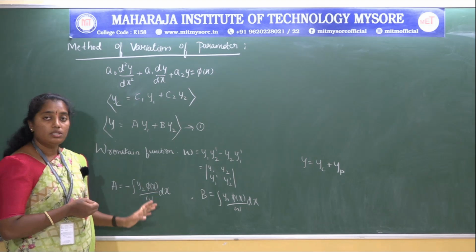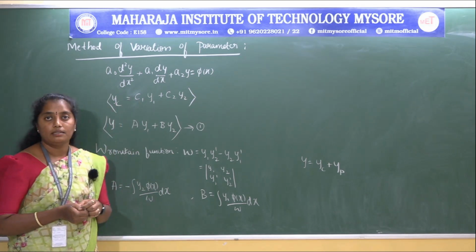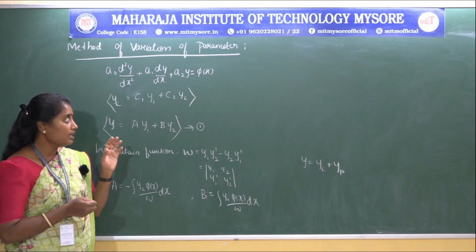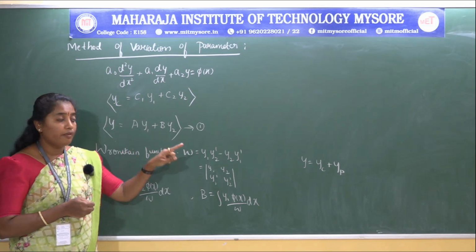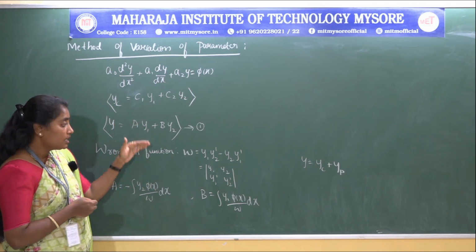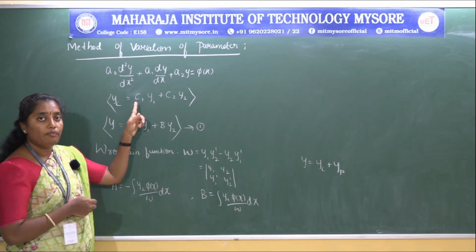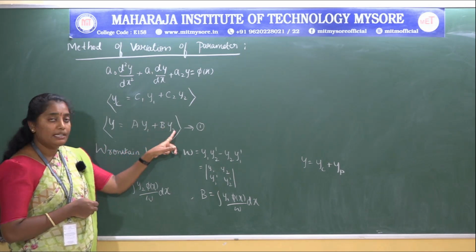So this is the procedure to solve problems using the method of variation of parameters to find the solution of a differential equation. In this method, we find only the complementary function without finding the particular integral. Using this procedure, we find the solution. In the first step, we write the obtained complementary function as a into y1 plus b into y2.